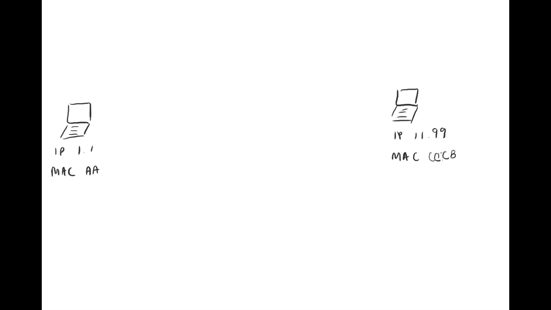Just an example. First of all, the network layer is going to add the IP address. So this is my frame. The source IP address is going to be 1.1, and then it's going to IP address 11.99. So here it is going to add 11.99. When it moves down to the data link layer, the data link is going to add the source MAC address.